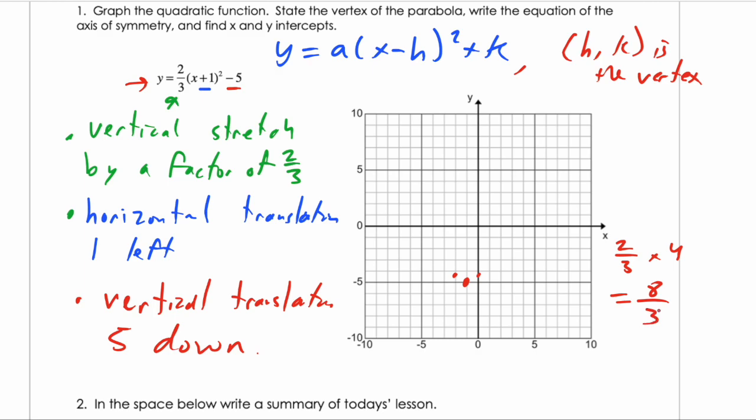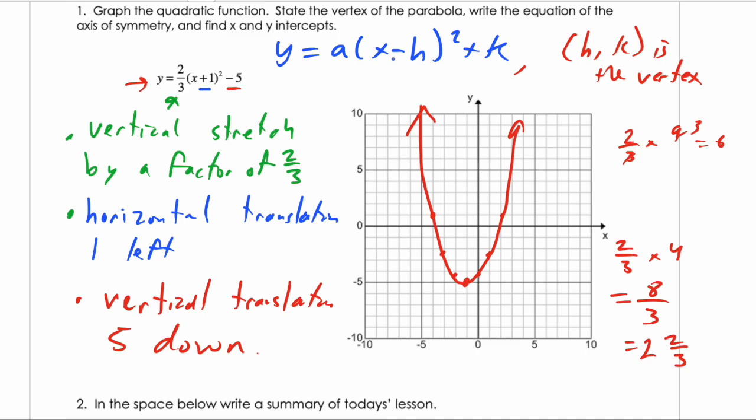That's 8/3, or about 2 2/3. So next we're going to be going up from the bottom 2 2/3. Okay, and then we know the next point should be a 9. 2/3 of 9 is actually 6. So the next point is going to be up 6 from the bottom. So it's going to be right there. Okay, so I'm going to graph the parabola right there.